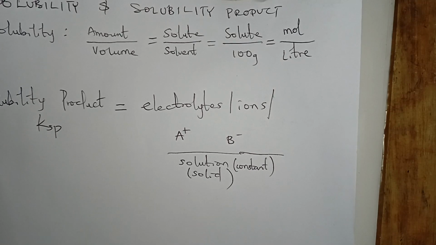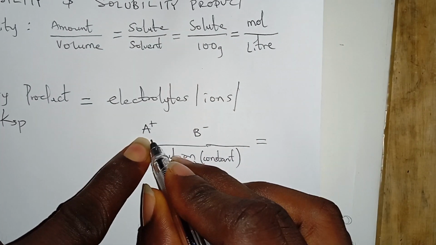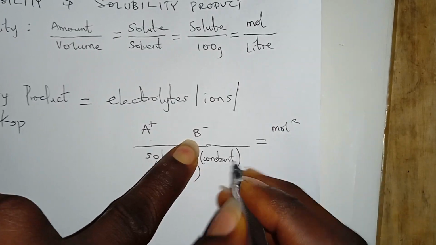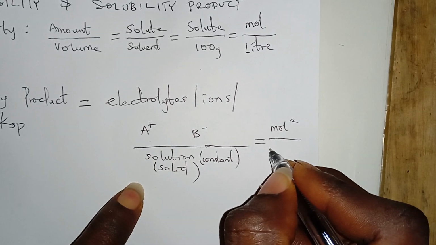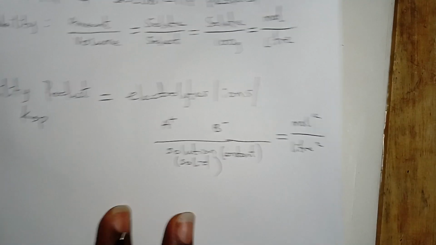So that is why we say that it's constant. And if that be the case, since this is an ion, this is an ion, this is two amounts, so mole square all over the solution liter square. This gives us the unit of solubility constant.